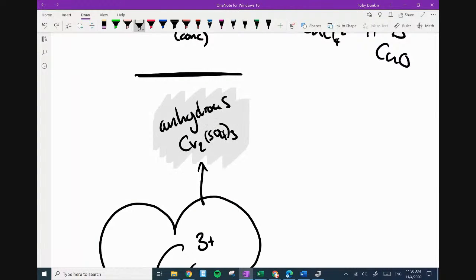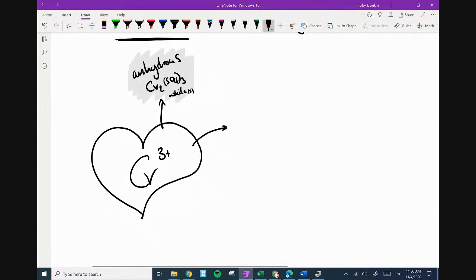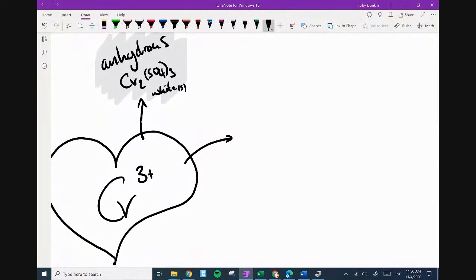There we go. So we can just put observation, that's a white solid. White solid. There we go. Okay, now what we're going to do is take that white solid and add water. So what that means is we're going to form our very first complex of chromium 3 plus with a color. So we're now going to add water.